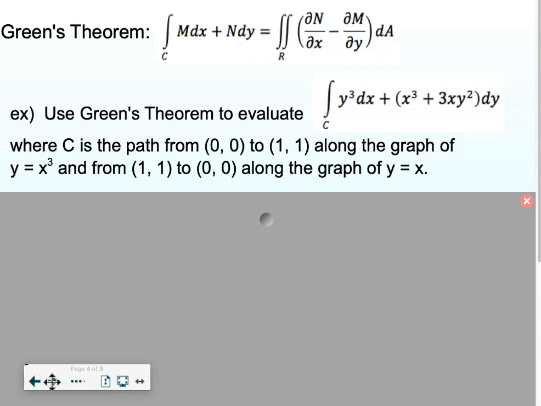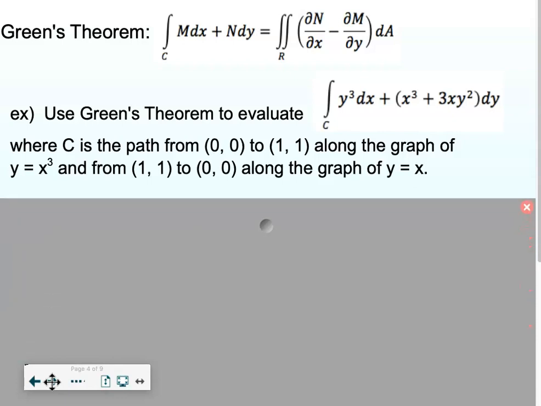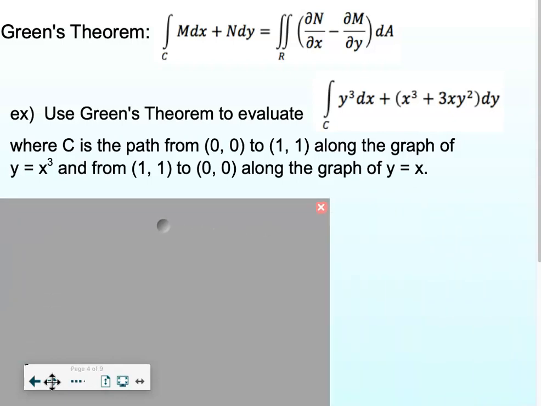Personally, I would start by sketching, but I don't have my sketch. So we're going to move this over and draw a sketch.